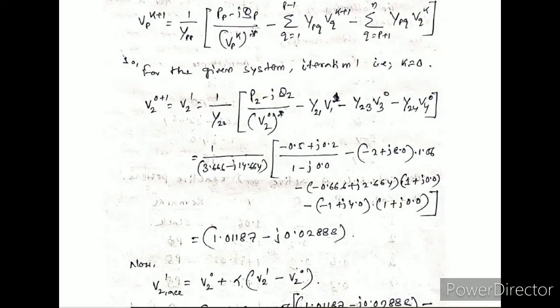For iteration number 1, Vp to the power k plus 1 is equal to 1 by Ypp multiplied by (Pp minus jQp divided by Vp to the power k conjugate) minus the summation of q equal to 1 to p minus 1 of Ypq into Vq to the power k plus 1, minus the summation of q equal to p plus 1 to n of Ypq into Vq to the power k.